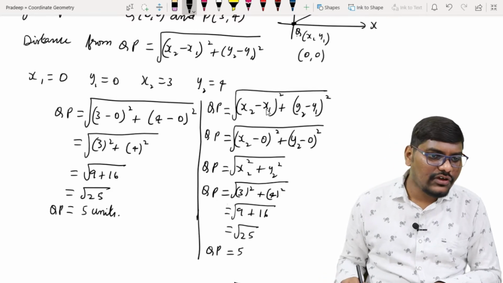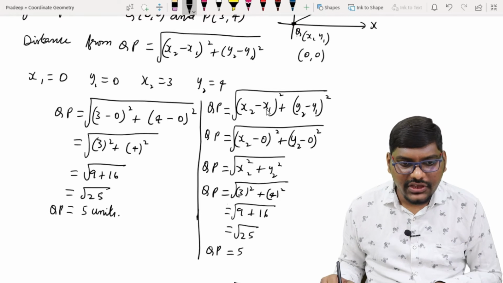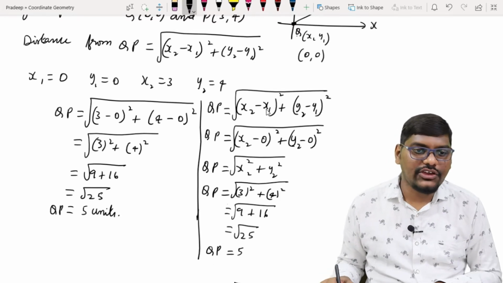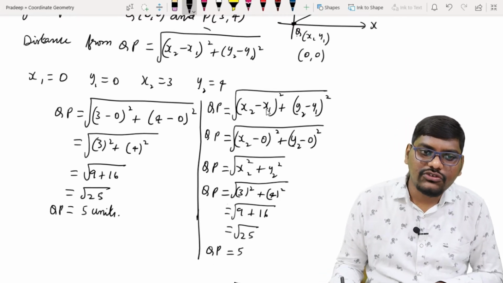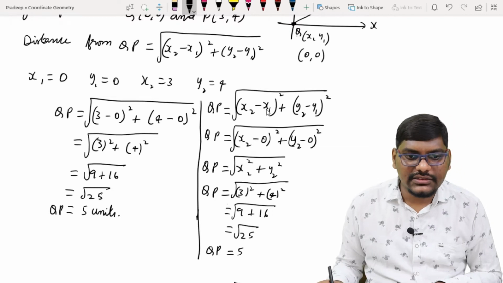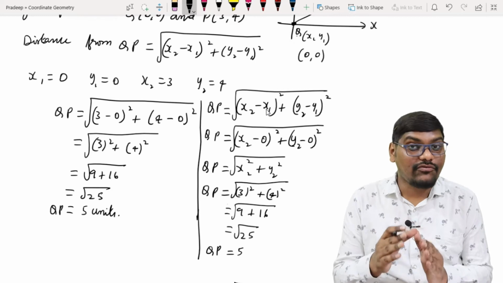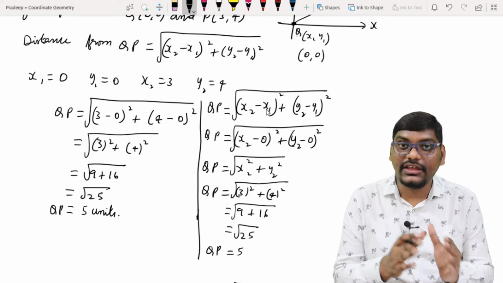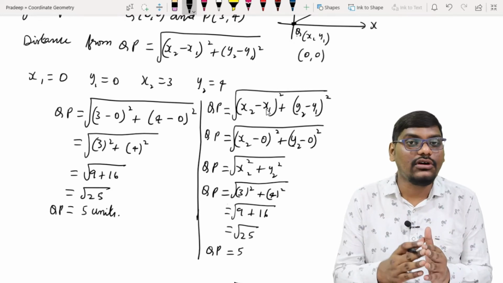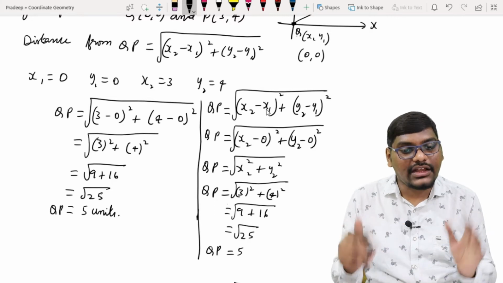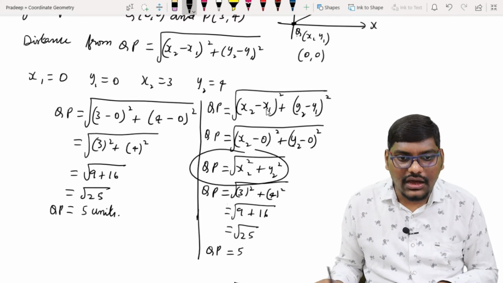So you can observe QP equal to 5 units and here also QP equal to 5 units. By this we understood whether you take this formula or this formula, we will get the same answer when one point is at the origin. That is, when one point is (0, 0), then definitely you can directly go with this formula, right?